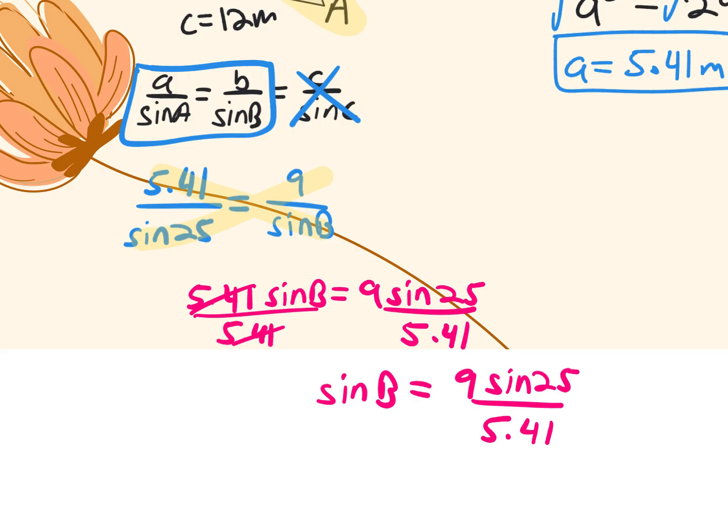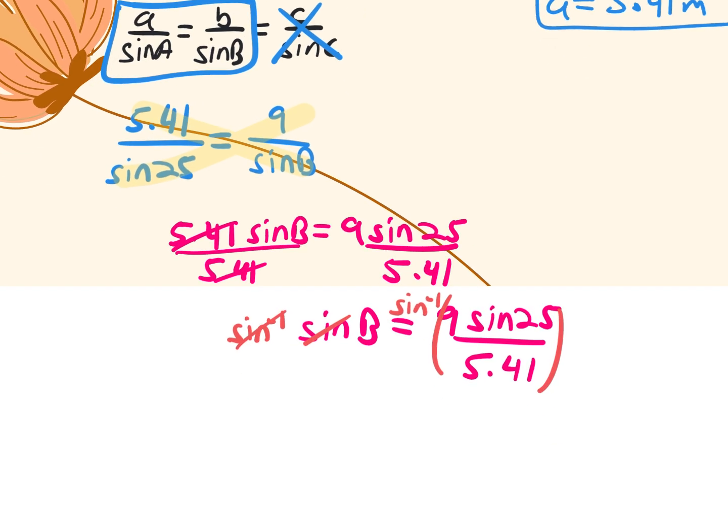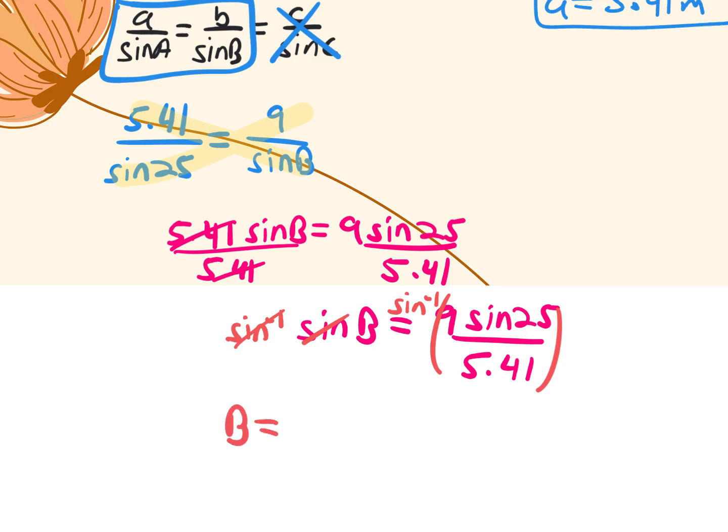All right, and then just like always, to get the b by itself, let's do sine inverse on both sides. So I know that b is whatever we get when we do sine inverse. Let me just plug it in the calculator.